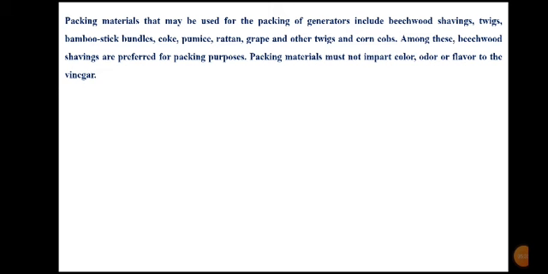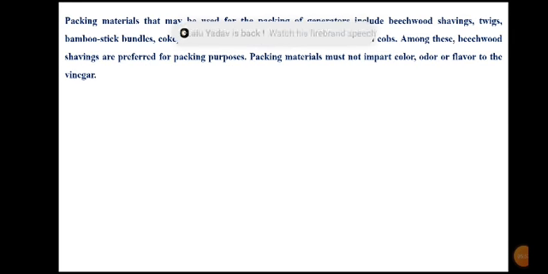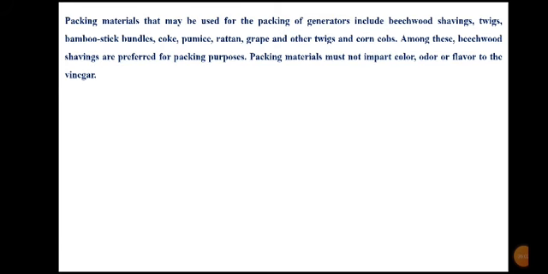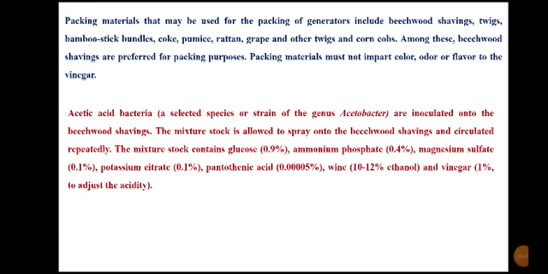They include twigs, bamboo stick bundles, coke, pumice, rattan, grape, or other twigs. Corn cobs are also used. Among these, the most widely preferred packing material is beechwood shavings. The packing material must not impart color, odor, or flavor to the vinegar, because then it will create problems during its extraction and purification.